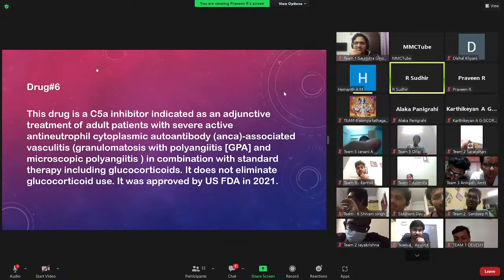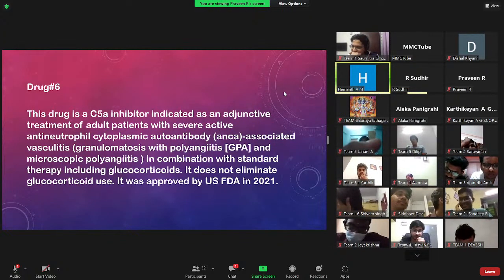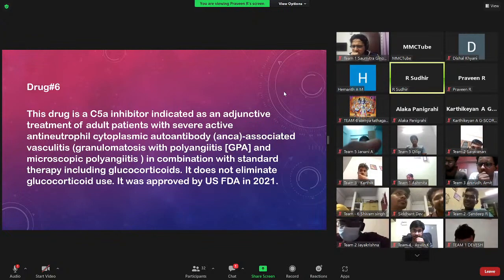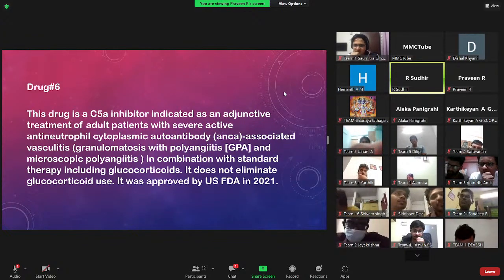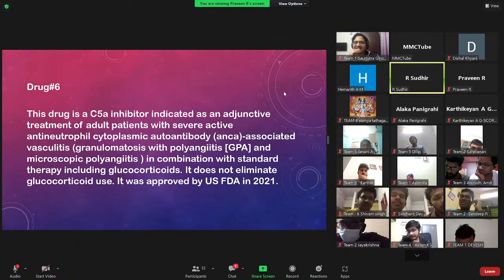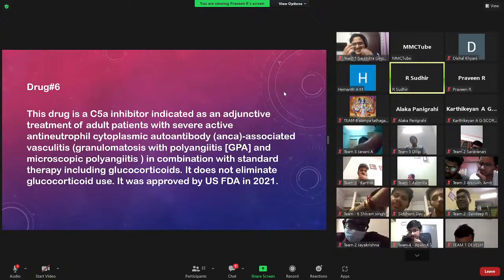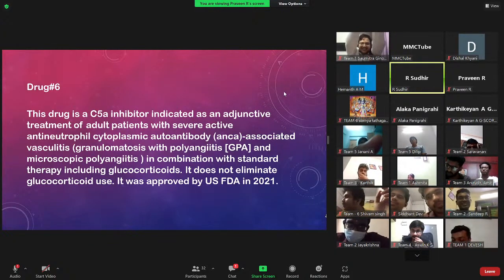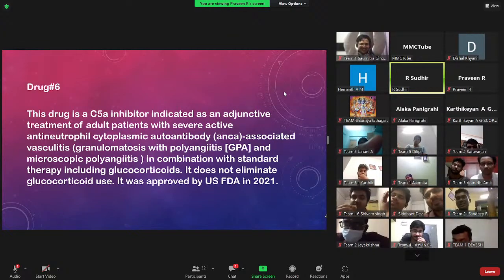Can we go with the diagnostic question? Once again, teams 1, 2, 4 and 6 have bounced. 1, 2, 4 have answered Avacopan, correct. 6 has answered Tavneos. So 1, 2, 4 get their bounce.